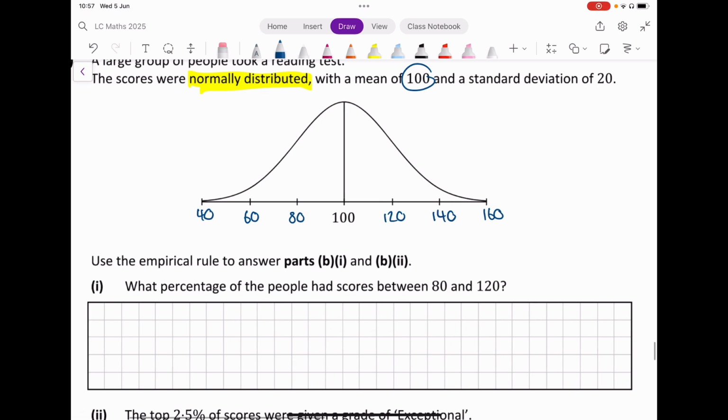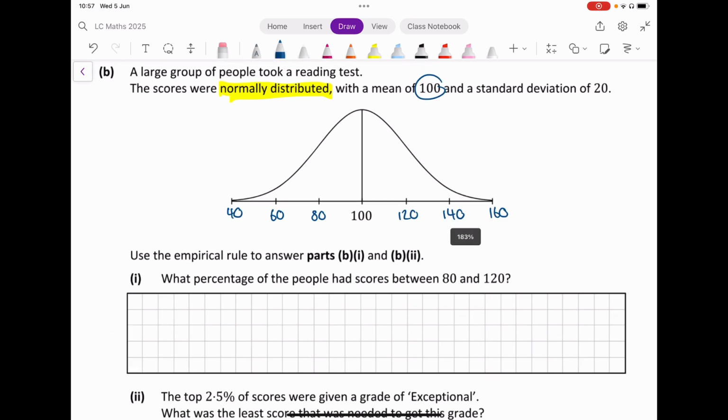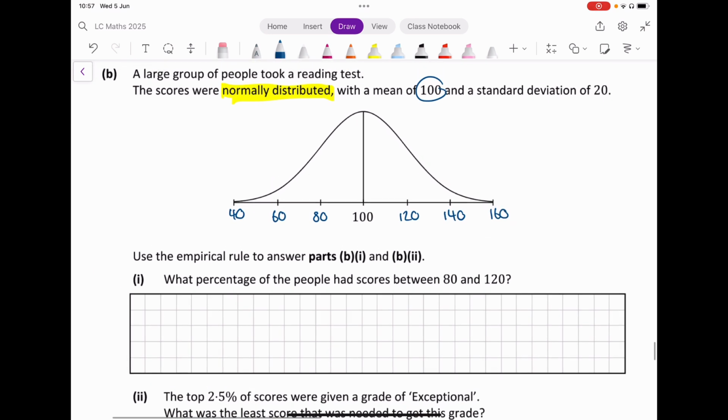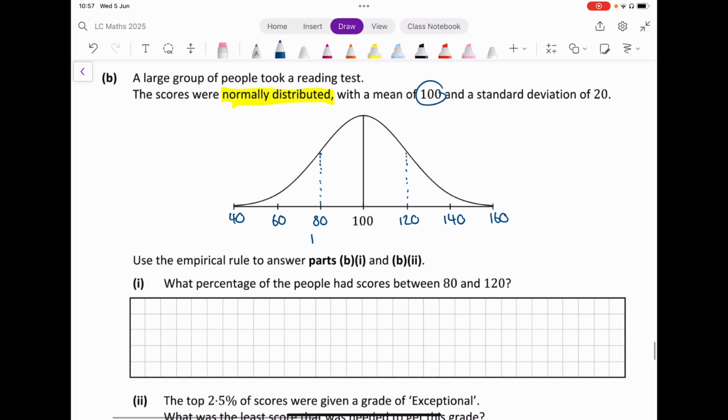Okay, so you can see that the majority of the data lies in the middle, where the mean is, and as we go towards the edges, there are less people out that side. So what they want to look at here is what percentage of people lie between these two marks. This here is -1 standard deviation.